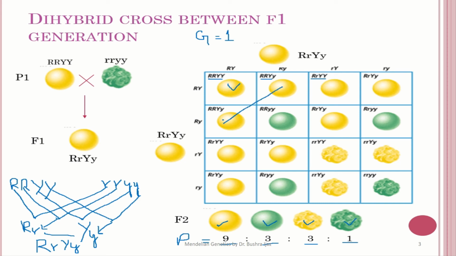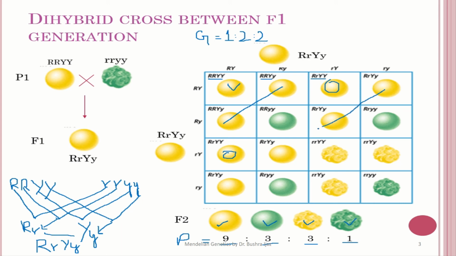These two were homozygous round but heterozygous yellow, 2, right? This one and this one are heterozygous round but homozygous yellow. Again, 2 of similar genotype.